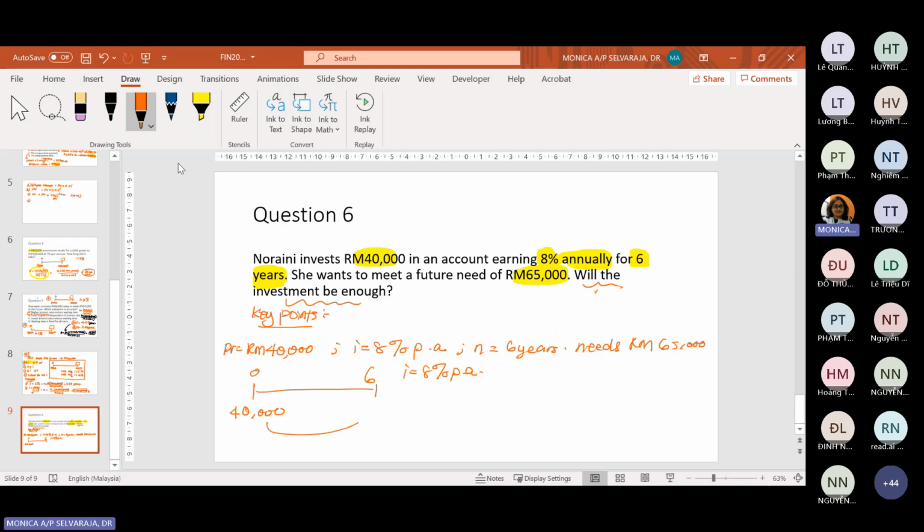How much will this be in the 6 years? Okay. What formula should you use? Who can give me? Is it present value or future value formula here? Give me your answer. Can you type down the formula for me?